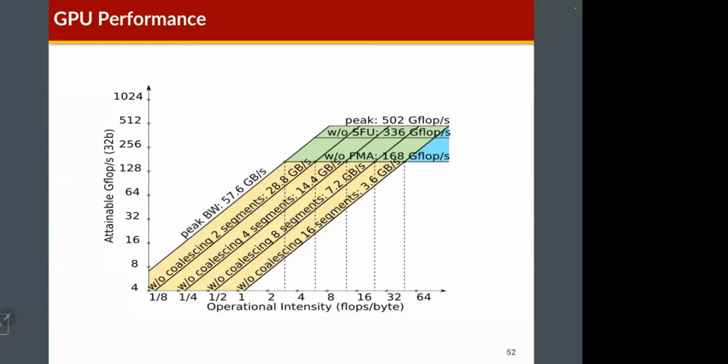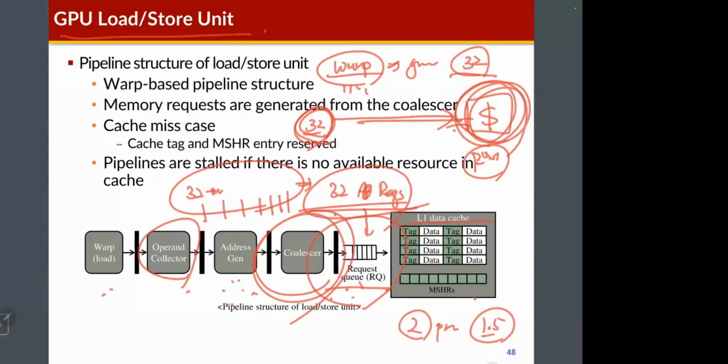If you look at the slope, you can find that with various levels of coalescing, the performance can be improved. With full coalescing capability, this is the peak performance for the GPU. Compared to this line, we can see that the performance can be improved by memory coalescing. So it's very important to reduce the number of transactions.